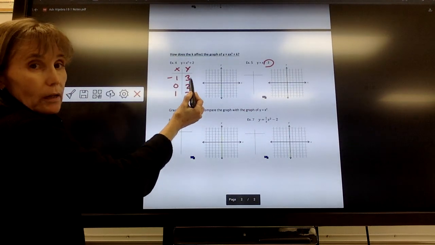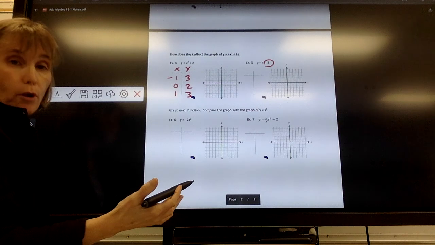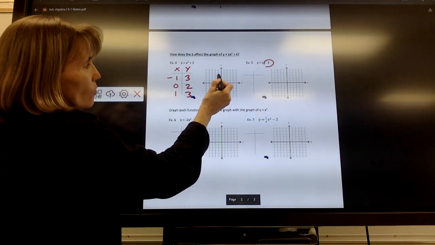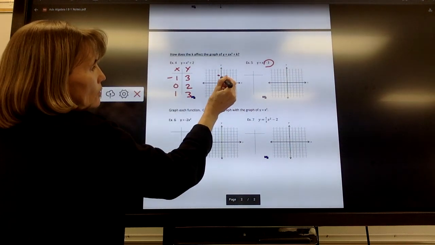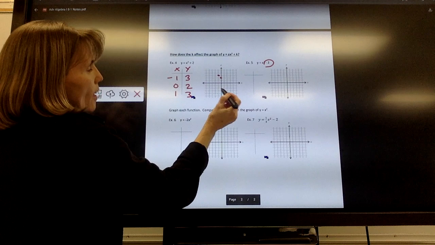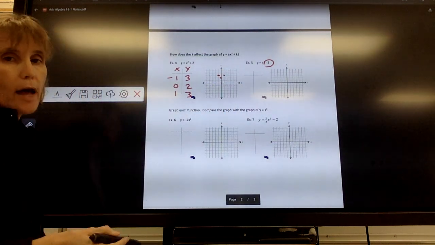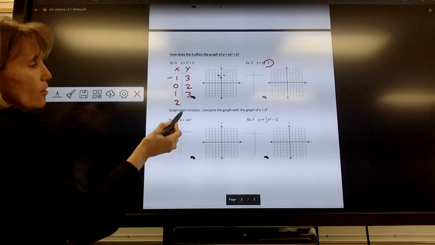Again, I see those repeating y values, and when your y values start to repeat, you really don't need to add any more numbers in your table. You've got both sides of the parabola. So I've got -1, 3, 0, 2, and 1, 3. Now again, you don't have a whole lot to work with, so maybe you want to put in a 2 just to see how quickly it goes up.